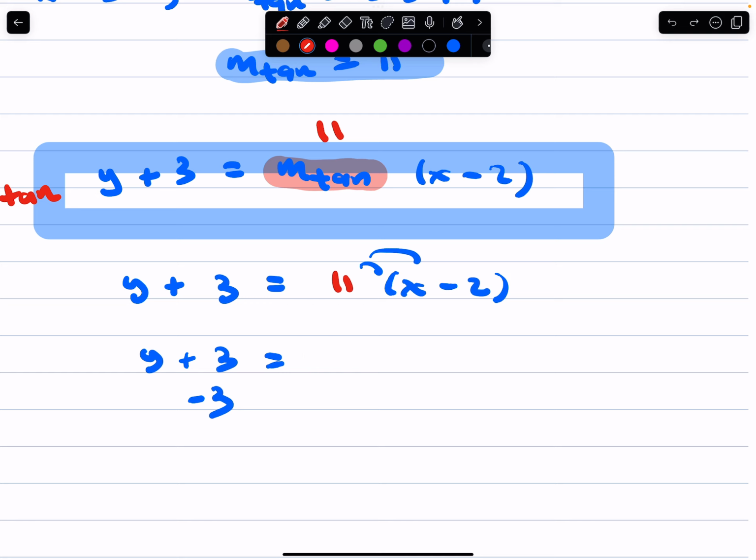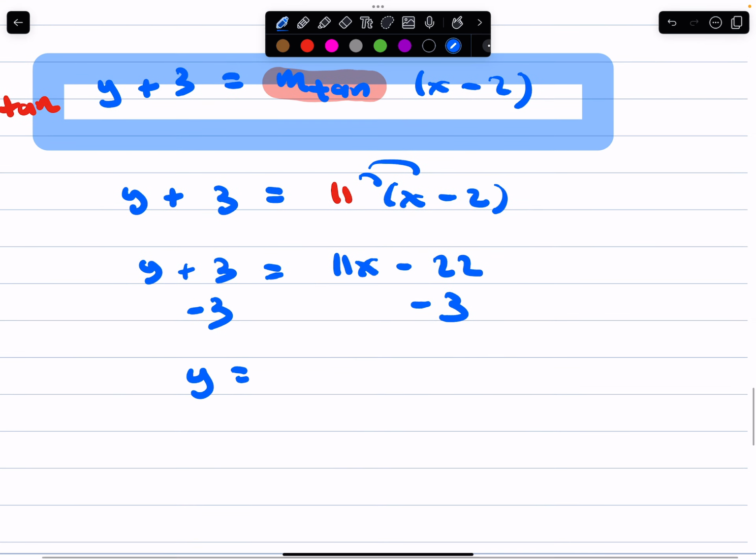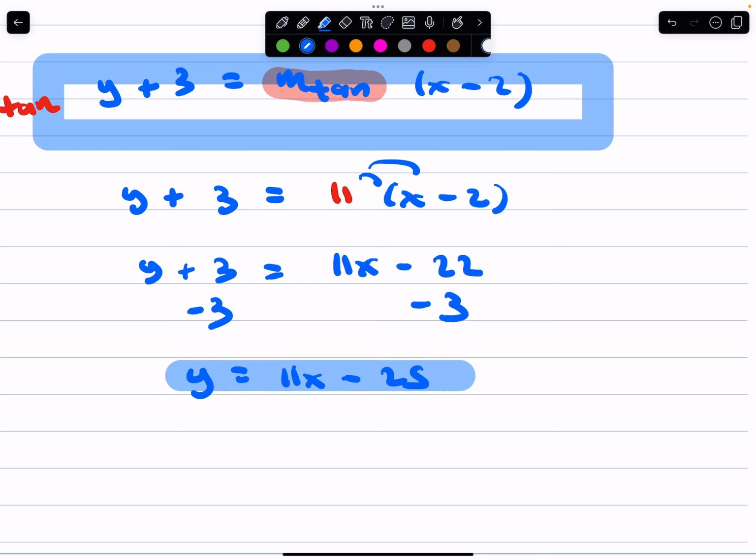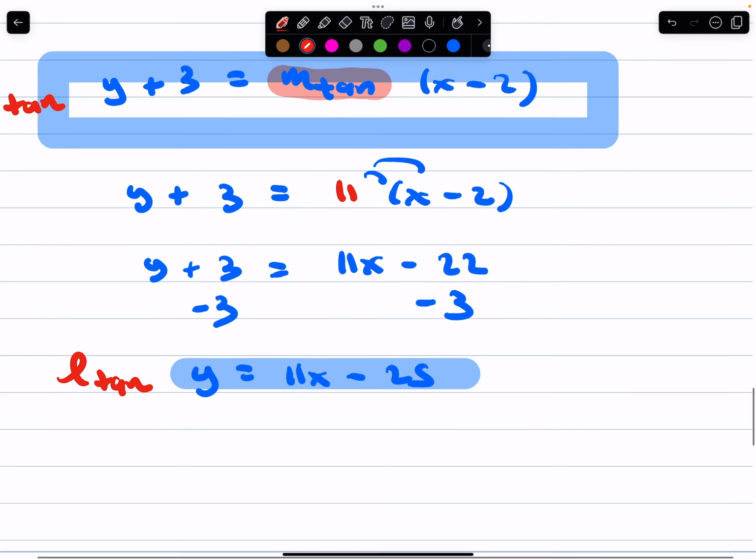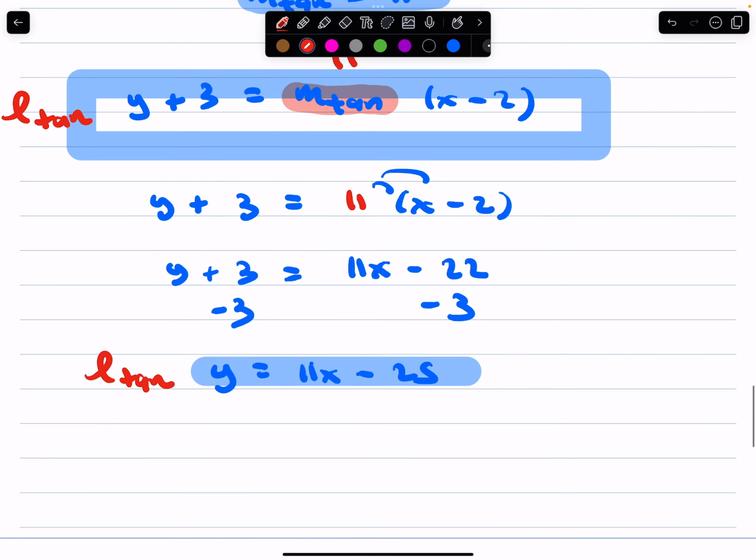All right. So this is going to give us 11x minus 22. So I subtract 3. 11x minus 25. There's your equation. 11x minus 25.